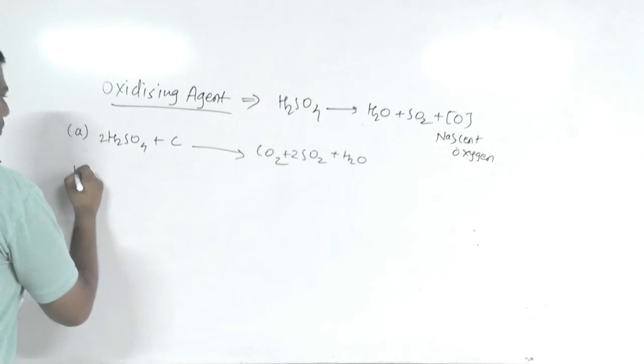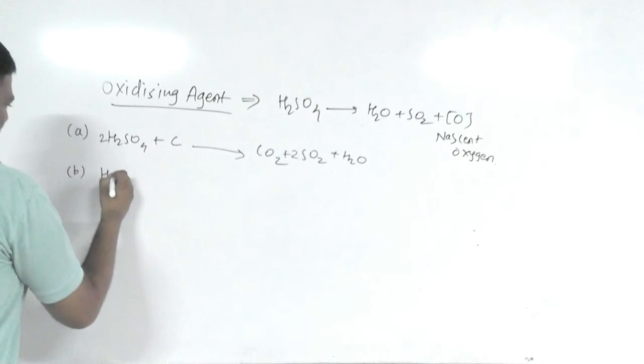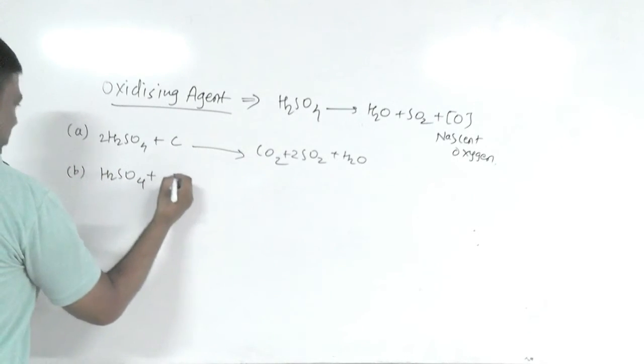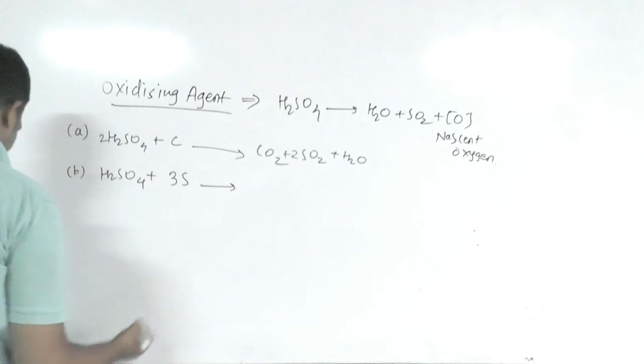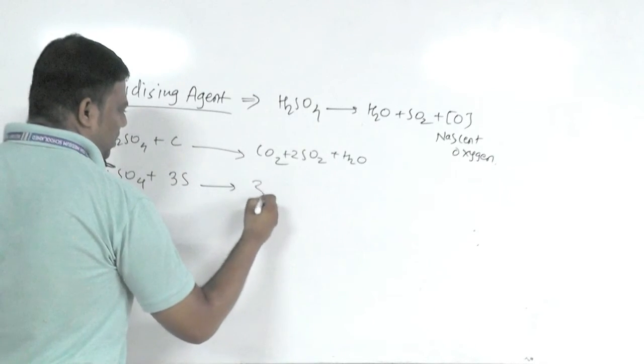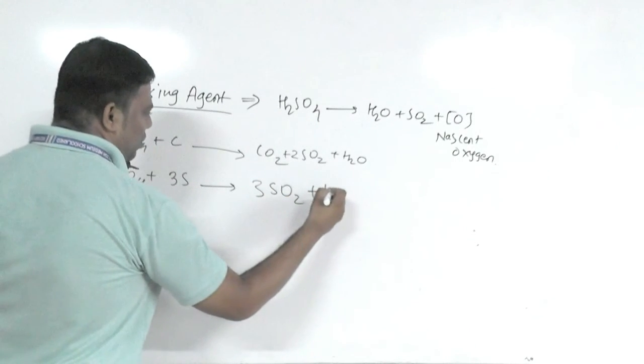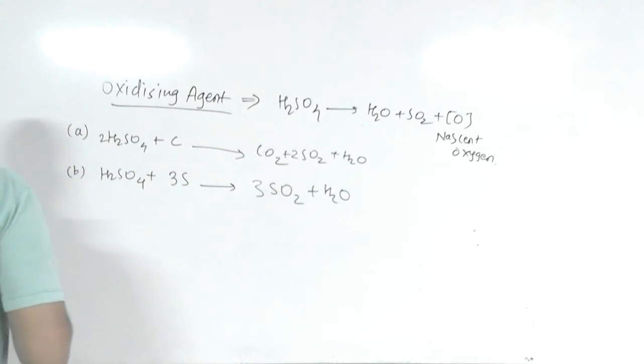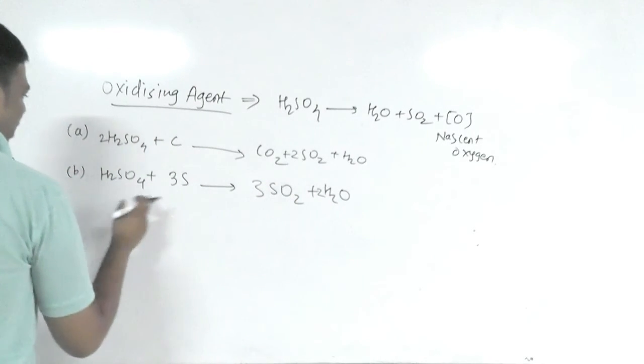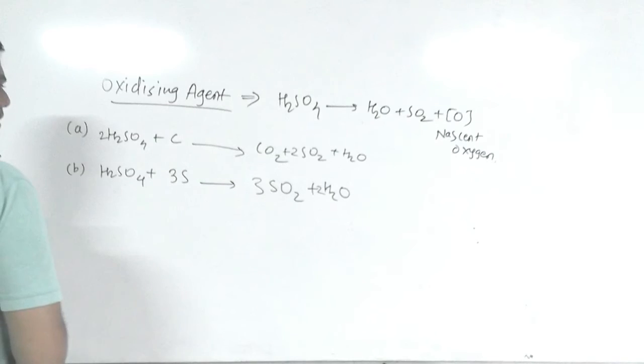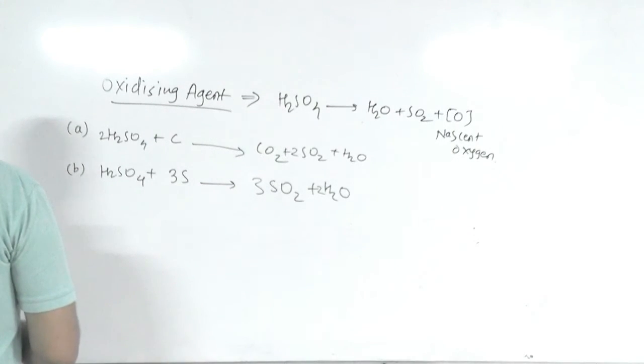Now small b, H2SO4 plus sulfur is converted into SO2 plus 2H2O. So we can balance here. Understood?